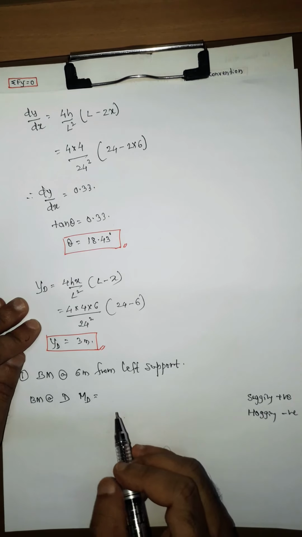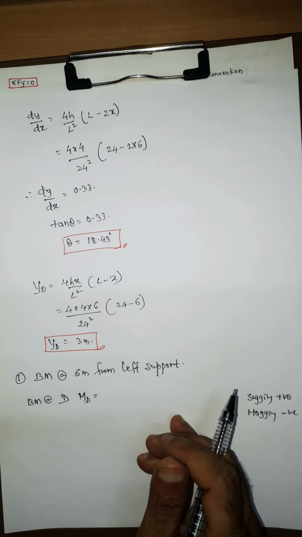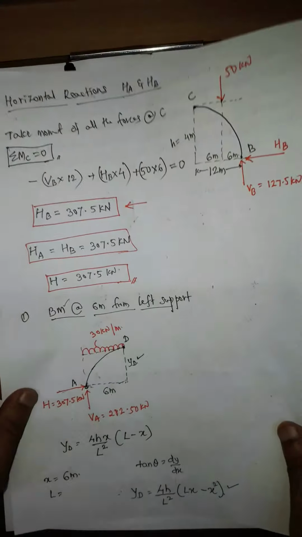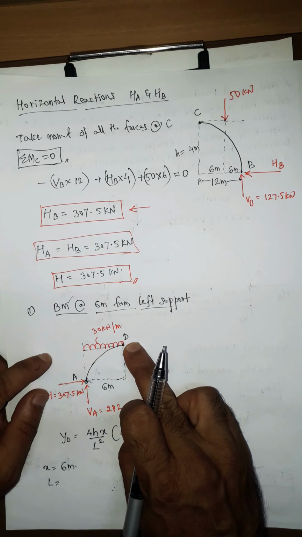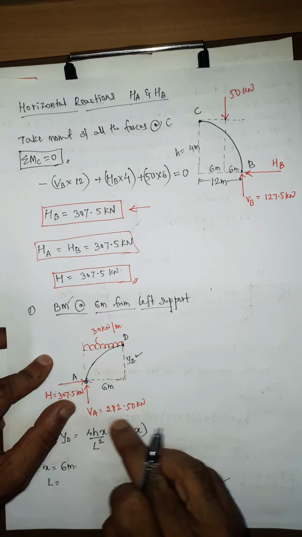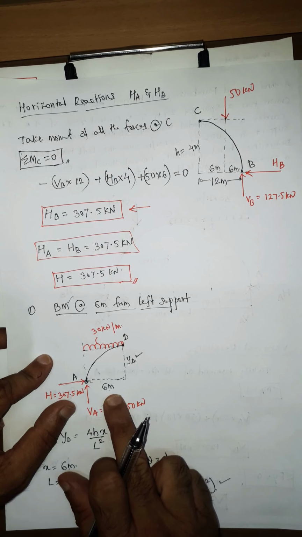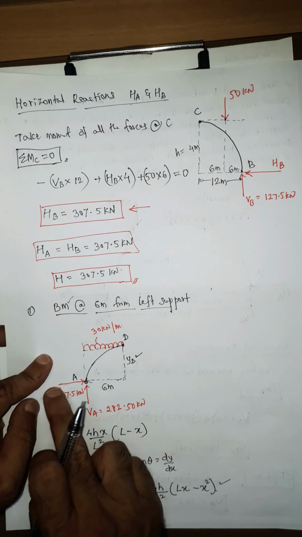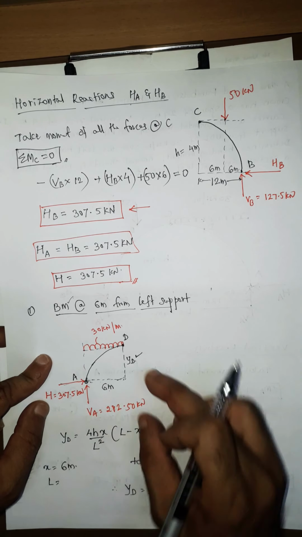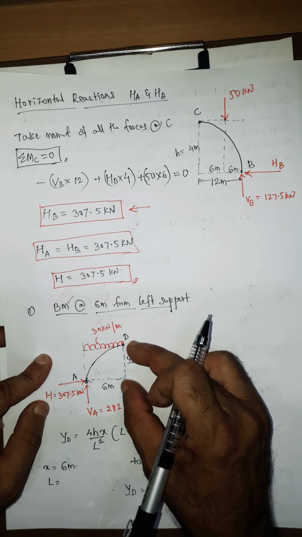Now let us calculate the bending moment at point D. With reference to this diagram, with reference to D, this is clockwise, so VA into 6 meter, then minus H, hogging, into YD, we already found out the YD.